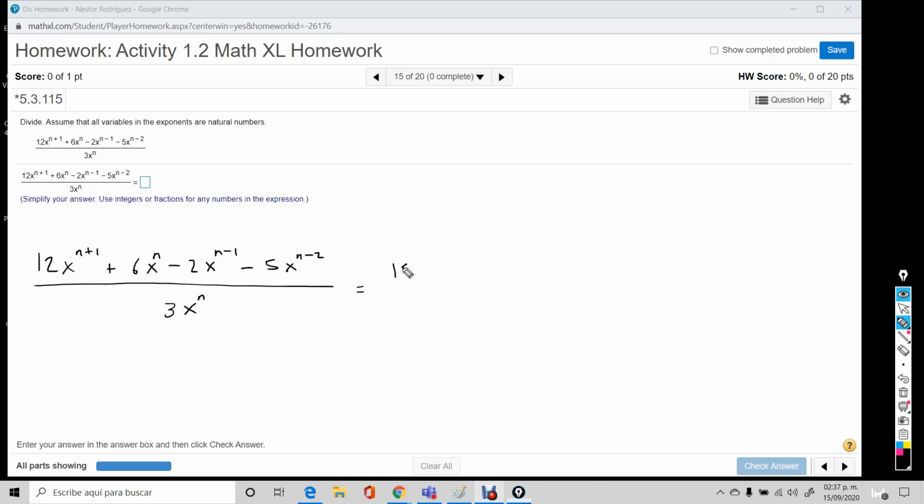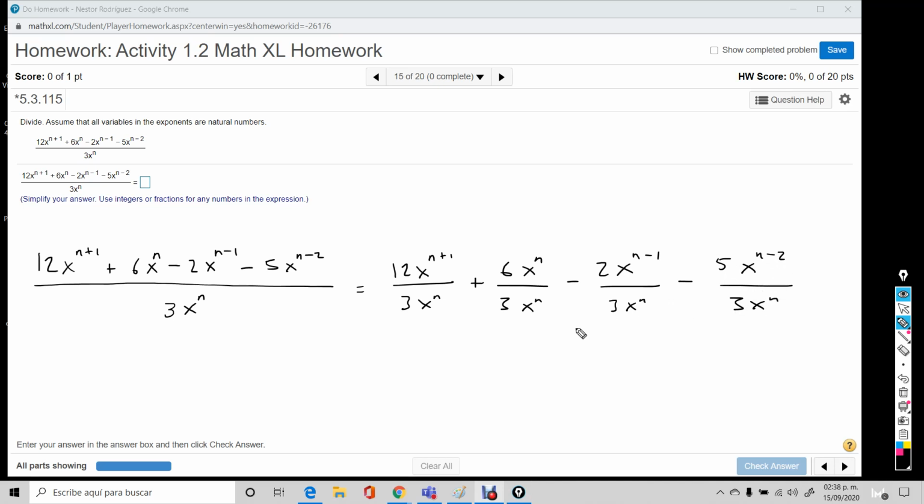So I'm just gonna write it down like so. 12x raised to its proper exponent over 3 times x to the n. Then we have a plus. Okay, so I'm gonna keep going and make sure that I'm doing it right. Just confirm. So this is the first thing you have to do.